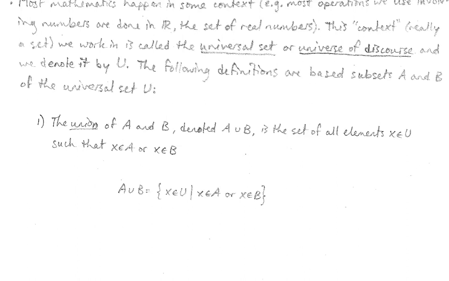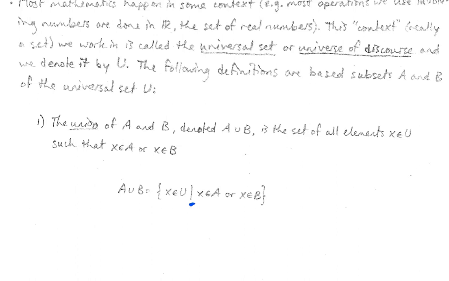Using that familiar set notation, we'd write it as the set of all x in U, such that, again, that's what that big vertical bar there means, such that x is an element of A or x is an element of B.